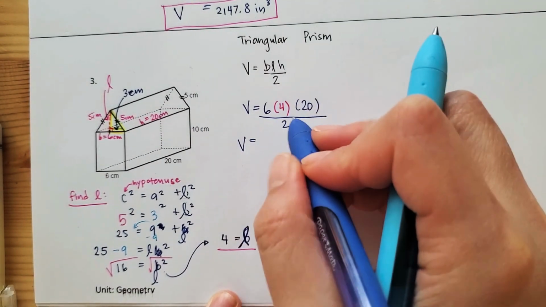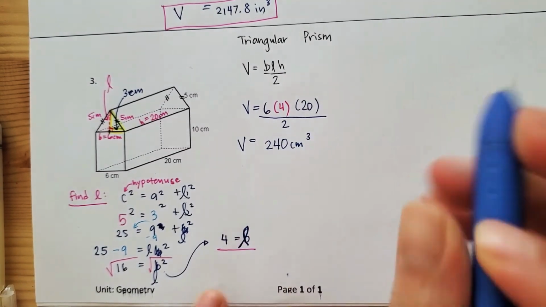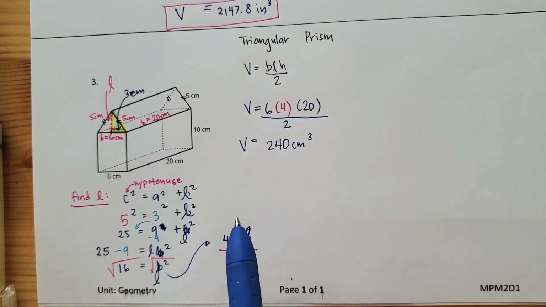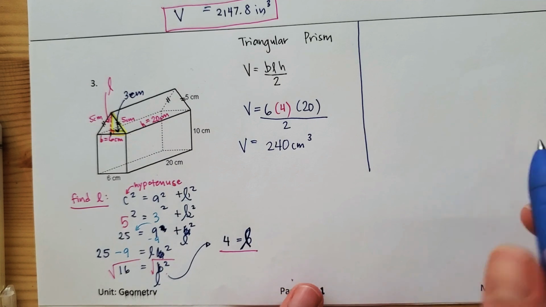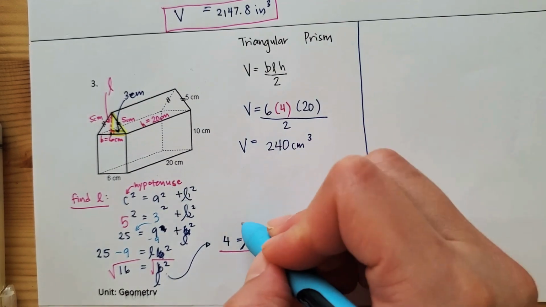Okay, if I do this all in one shot, it should be 240 centimeters cubed. Again, pause the video and see if you can plug this into your calculator and get the same answer as I do. I'm just trying to move through this so that you don't have to watch too much of my calculations. Okay, and then we're going to get into the toughest part, sorry, is right here.